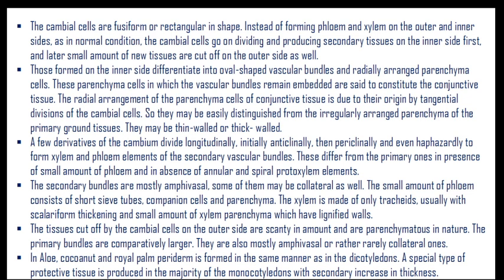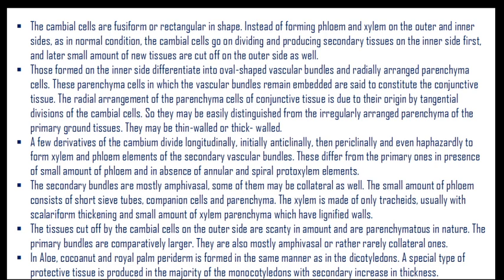So those formed on the inner side differentiate into oval shaped vascular bundles and radially arranged parenchyma cells. These parenchyma cells in which the vascular bundles remain embedded constitute the conjunctive tissue.